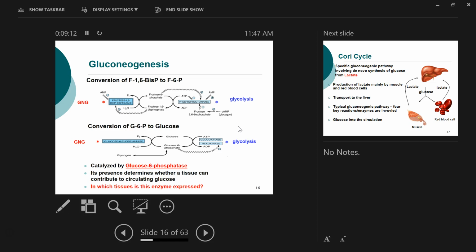Glycolysis should be more active in the fed condition, and gluconeogenesis should be more active in the fasting condition. We cannot activate both pathways in one physiological condition, so we need to activate one and reduce the other.